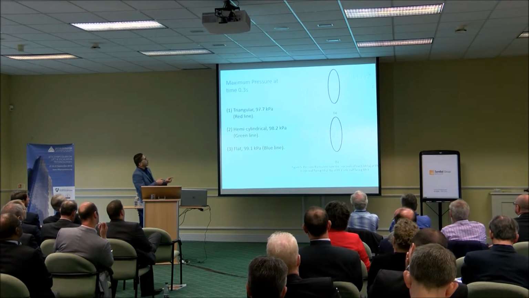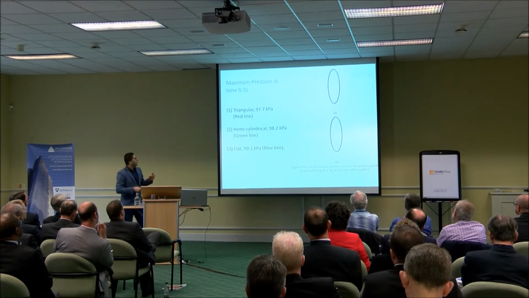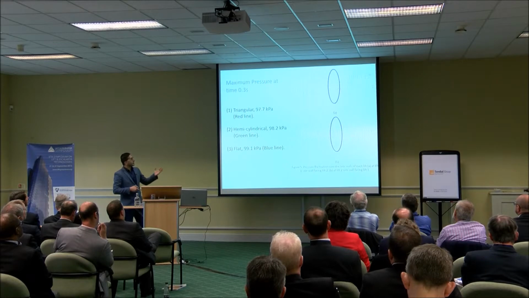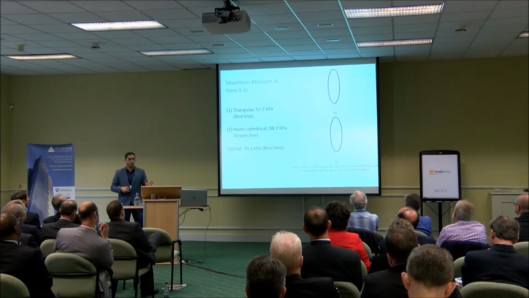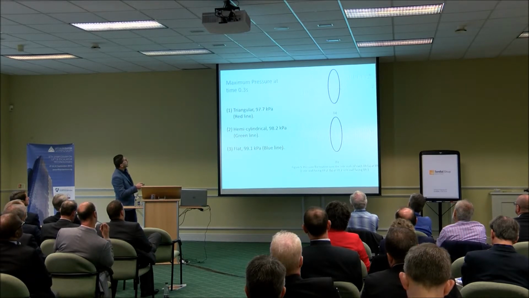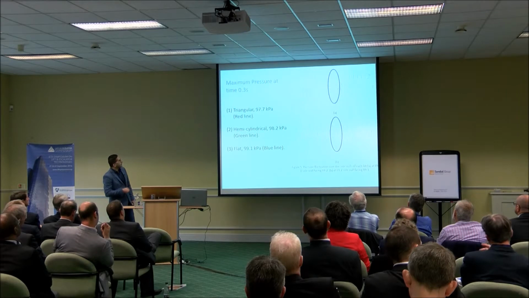At t equals 0.3, as I said, the cars will be aligned side by side, and you would notice that the highest values of the pressure occur at this time. The blue line represents the pressure that acts on the flat lift, which is 99.1 kilopascal.